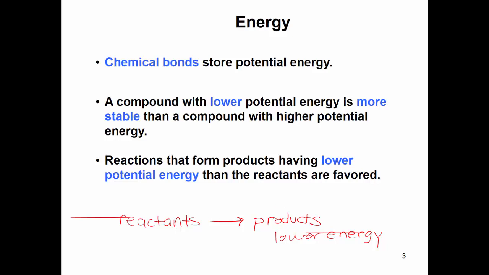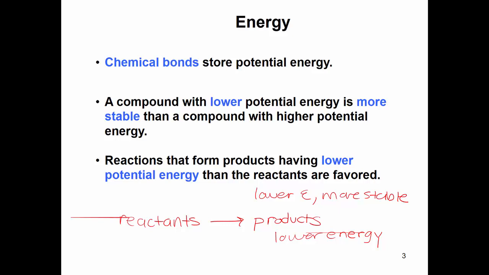What we're saying here is the lower the energy, the more stable. So if you form a product that's lower in energy and more stable, then more than likely this reaction is going to be more favored.